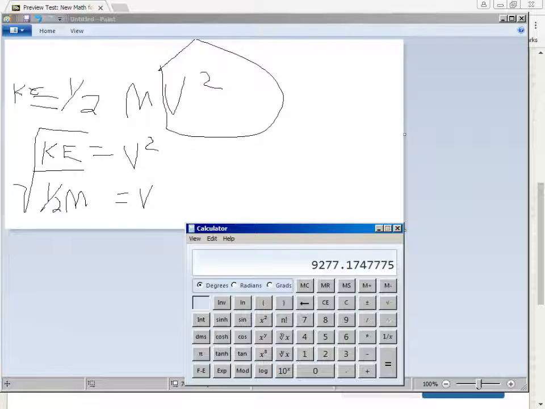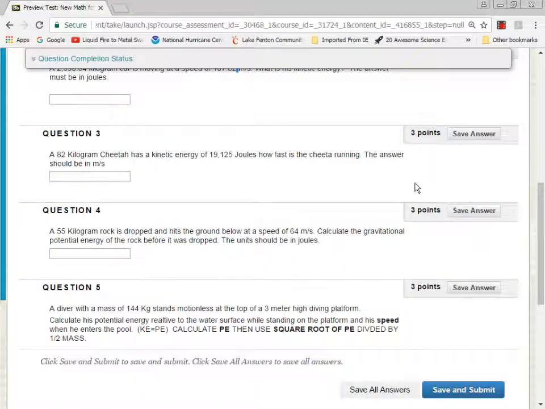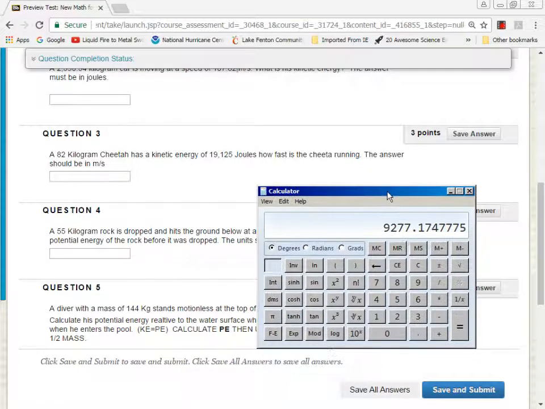Coming over here, you've got your kinetic energy, so I would put that in first. That's 19,125 for question 3. It would be the second number divided by 0.5 times the first number, square rooted.